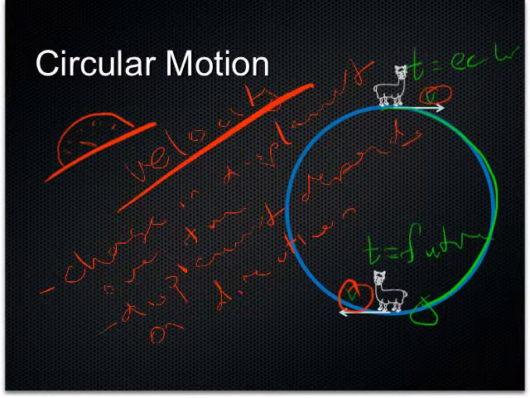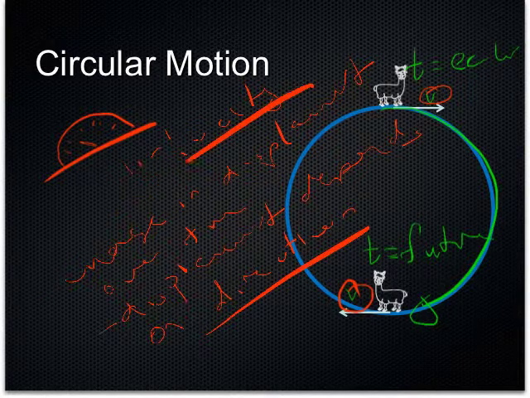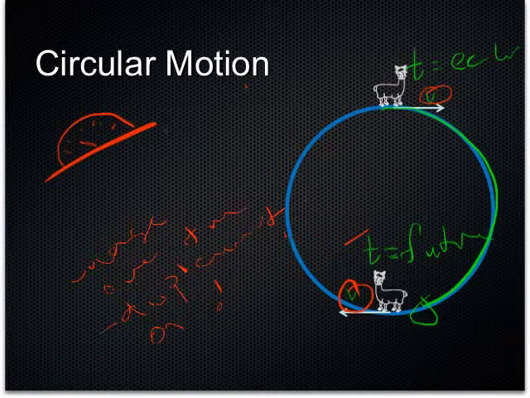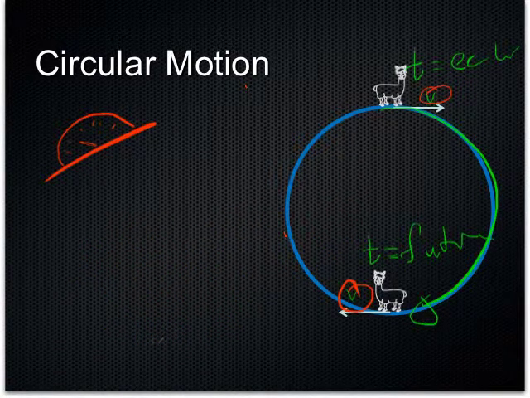Okay, let's write all that down. So velocity, change in displacement over time. Displacement depends on direction. Now, we might not be changing the magnitude, but we are changing direction. So we must be accelerating.